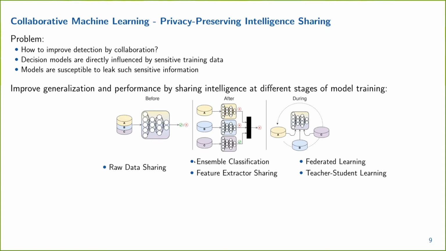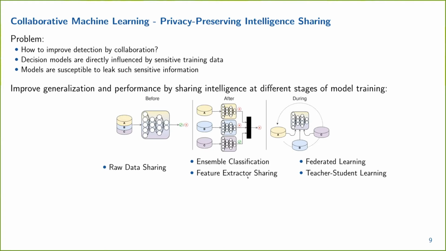And here, for instance, ensemble classification can be used. So every party trains its own model, and then they combine the models, for instance, by majority voting in order to come to a final result. And another approach here is feature extractor sharing. And here we only share parts of the model, which we refer to as a feature extractor. And the main idea here is that by sharing less information, we have less information leakage of sensitive data.